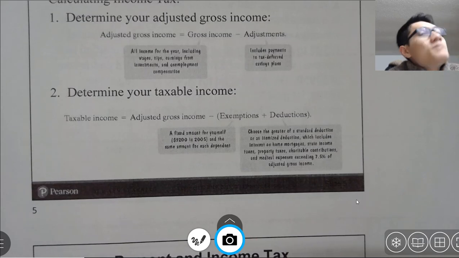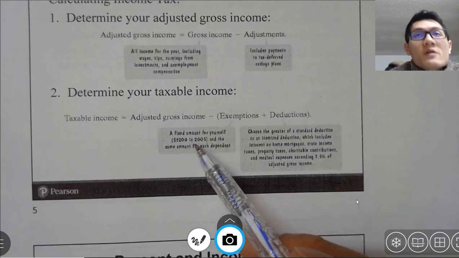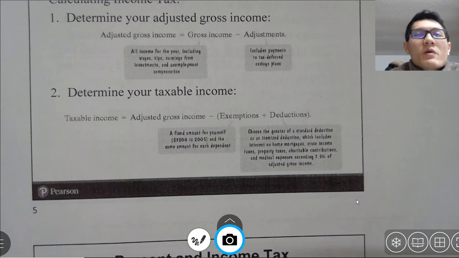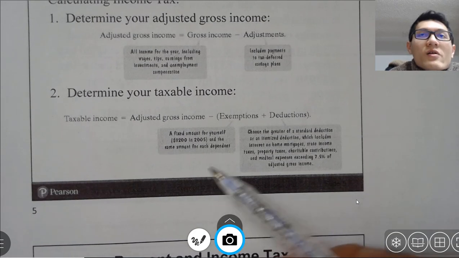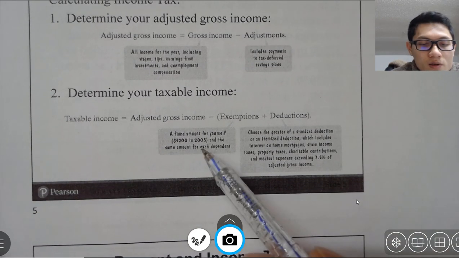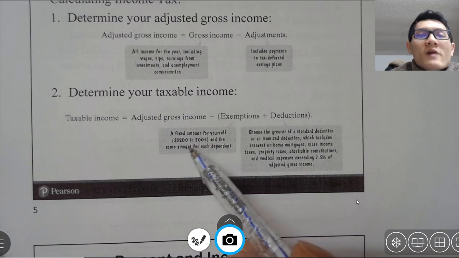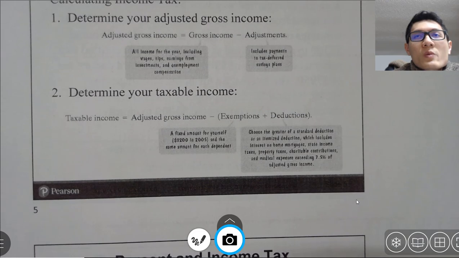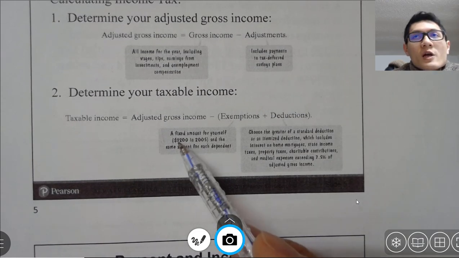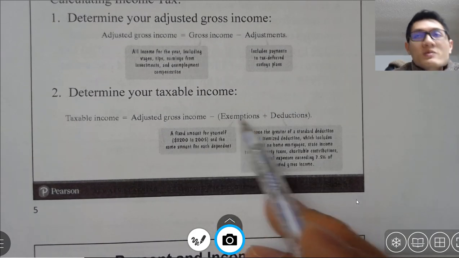And it's different for every year, not that much different, but this is the data from the year of 2005, and this year will have different numbers. So those are the exemptions. Deductions.